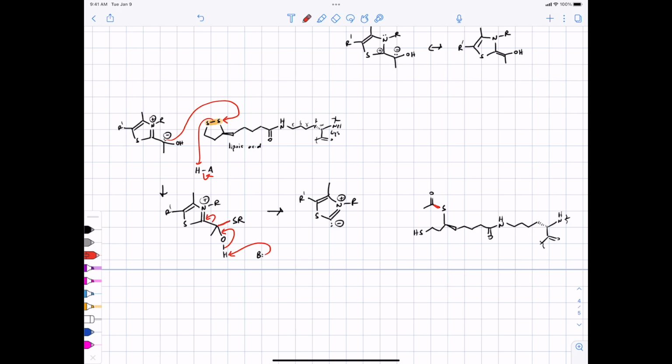That's kind of a lot. That's kind of the worst one. So, moral of the story, decarboxylation of beta keto acids, easy. Decarboxylation of alpha keto acids, you need all this machinery to make it happen. But thiamine pyrophosphate ylide is the key functional group that allows all of that to happen.